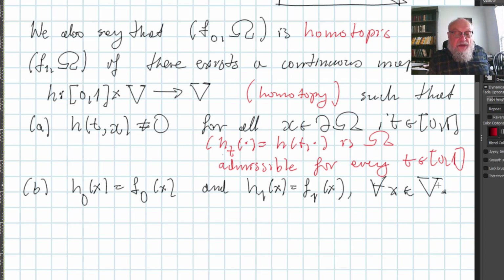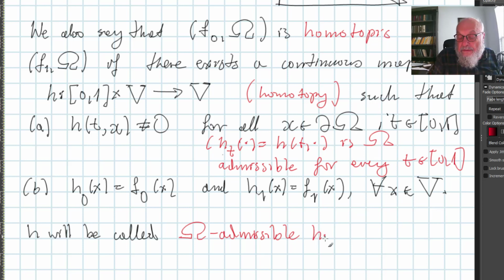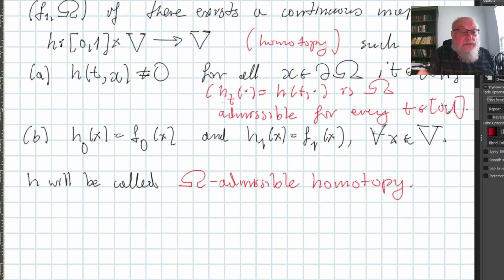So that means H is actually a continuous transformation. It transforms f0 to f1. In this case, H will be called an omega admissible homotopy.